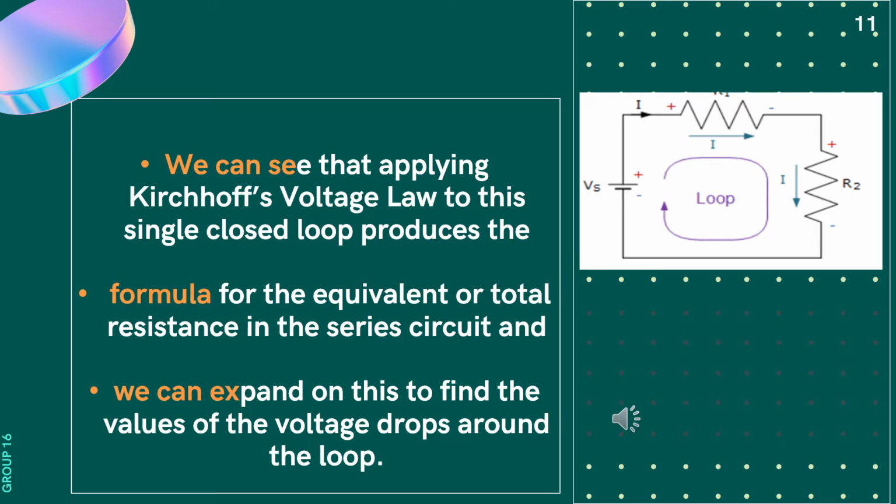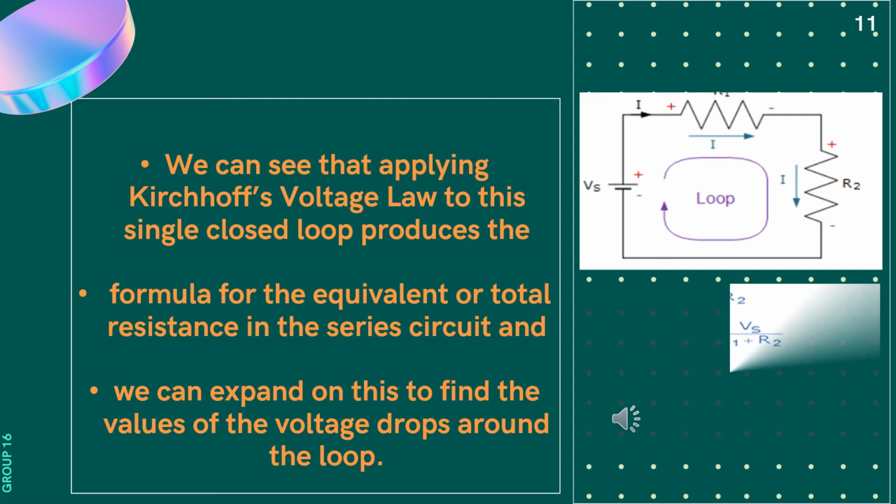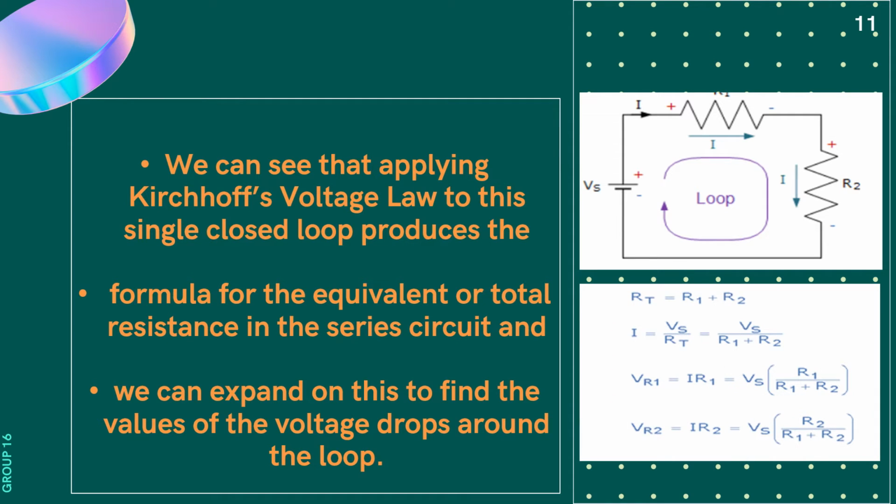By applying Kirchhoff's voltage law to this single closed loop, we produce the formula for the equivalent or total resistance in series circuits, and we can expand on this to find the values of the voltage drop around the loop. Thus, the voltage drop across resistor R1 is equal to I times R1, and the voltage drop across resistor R2 is equal to I times R2.